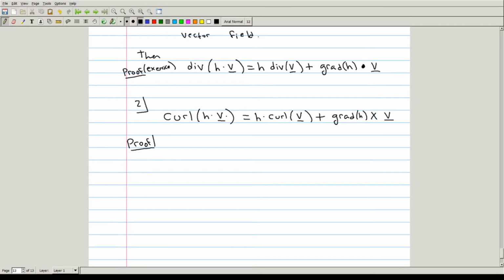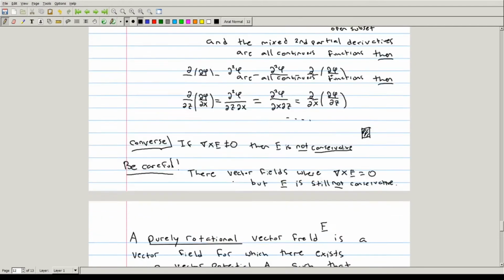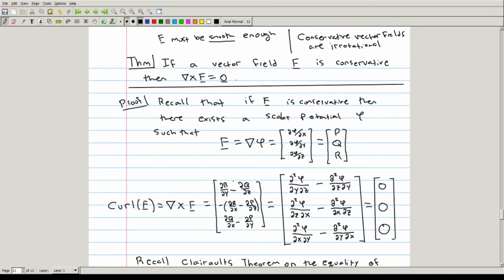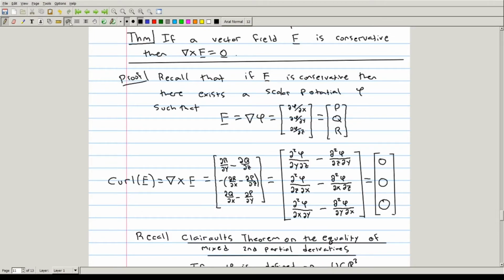We know that the curl of H times V is going to be the cross product of the del operator with V, which we know will be from our formula for the curl. You can go through and directly show this using our standard cross product calculation.